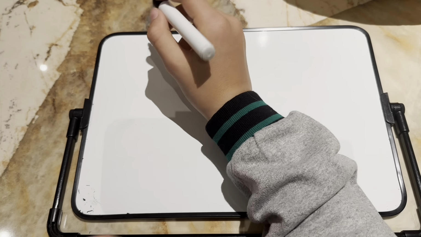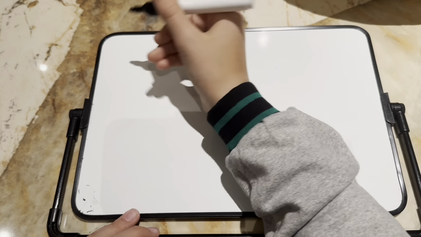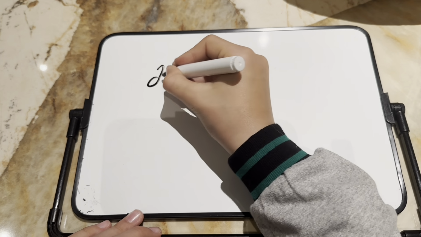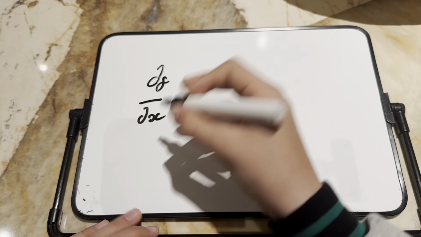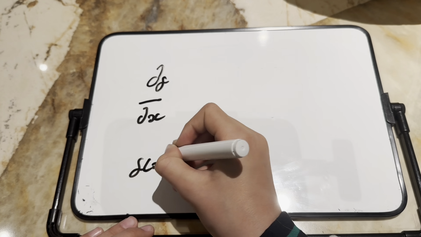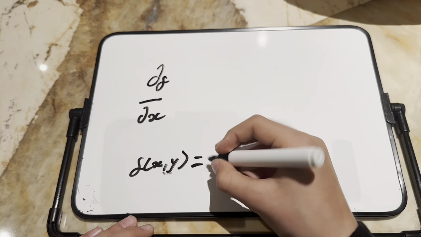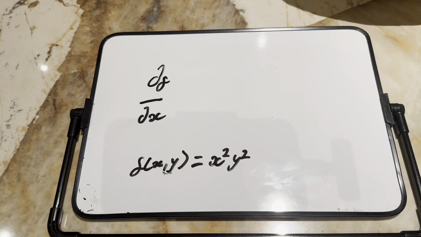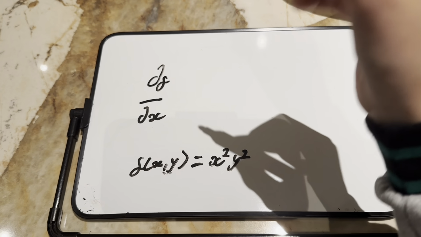Okay, so next, how do we calculate a partial derivative? If we had partial f over partial x, and the function x squared y squared, you might be thinking, well, I have no idea what to do.